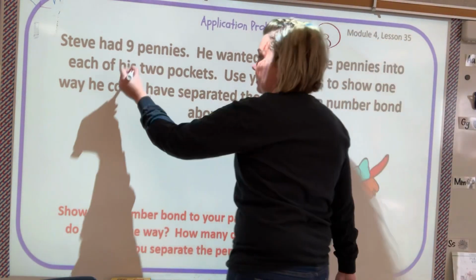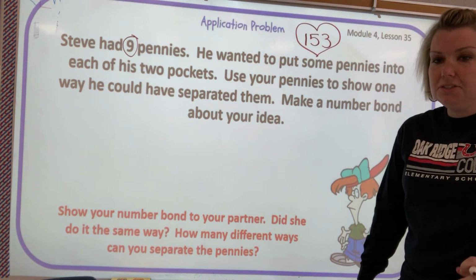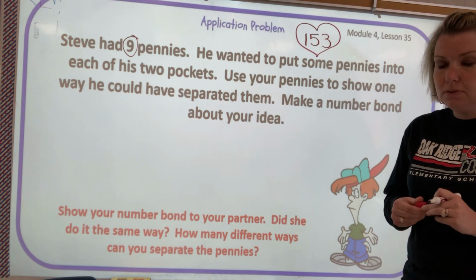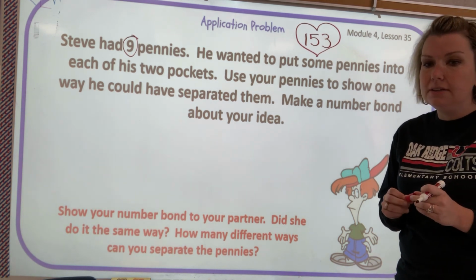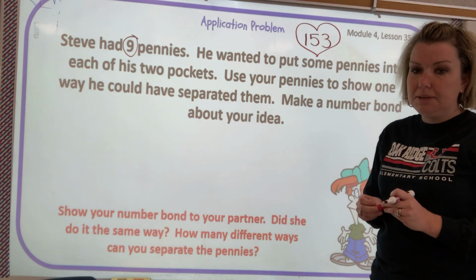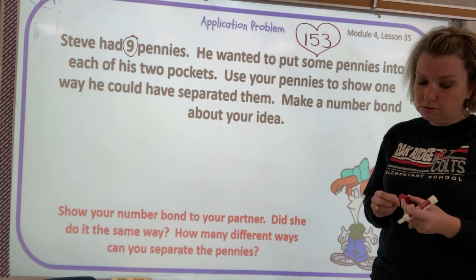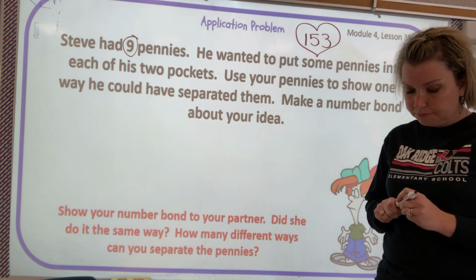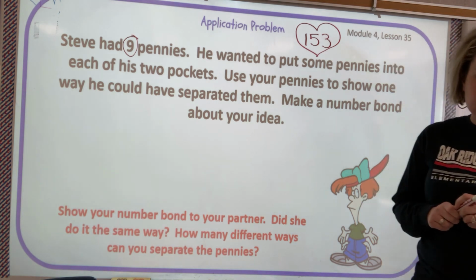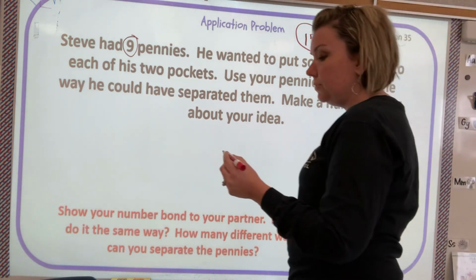Steve had 9 pennies. What can I do with that information? Who can raise their hand and tell me? What can I do with the information that says Steve had 9 pennies? Nicole? You have to draw 9 pennies. Okay, let's do that.